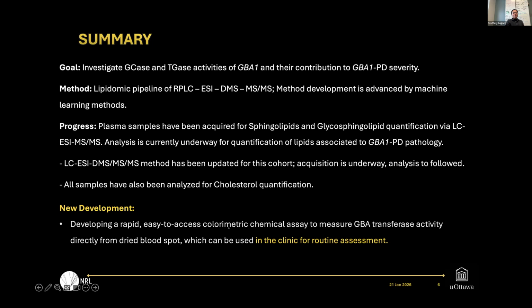And the new development of this project, as I just showed, is our development of a rapid, easy to access colorimetric chemical assay, which can measure GBA1 transferase activity directly from a dry blood spot, which can be used in the clinic for routine assessment.